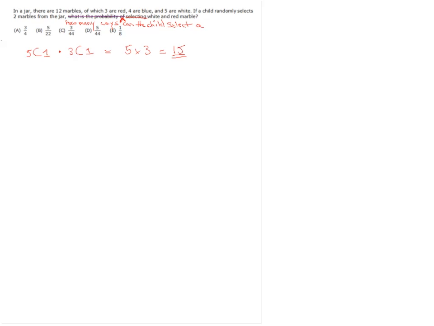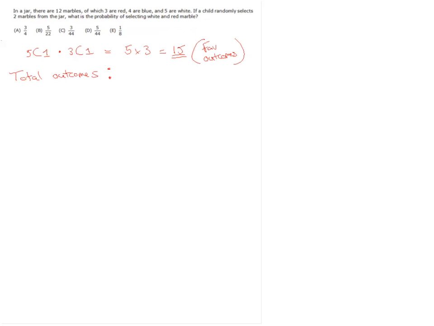So what we could call that, and let's get rid of my extra writing here. Now what we can say is, well, this is simply the favorable outcomes in our probability question. Now, that means all we have to do is get the total outcomes, which is really taking the grand total number of marbles we have and selecting 2.